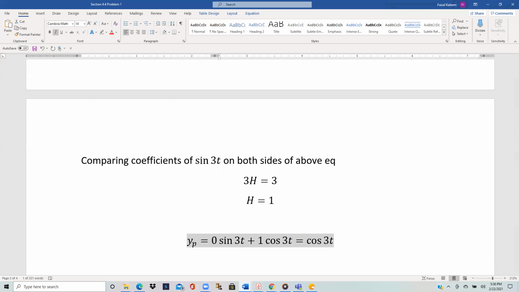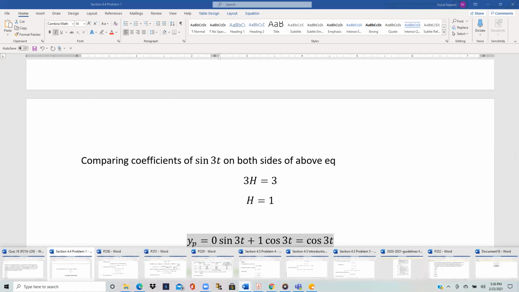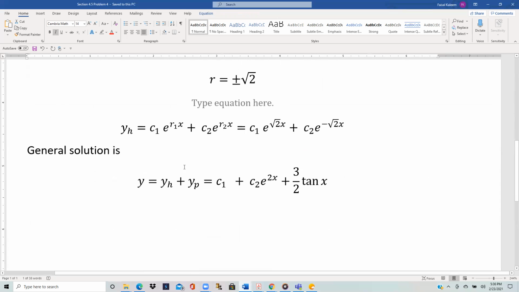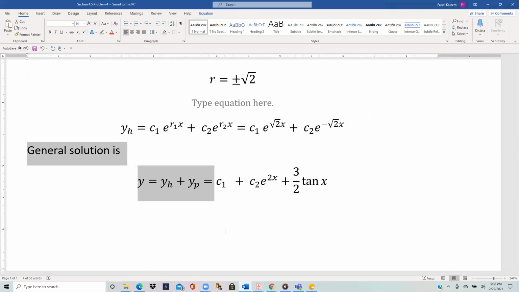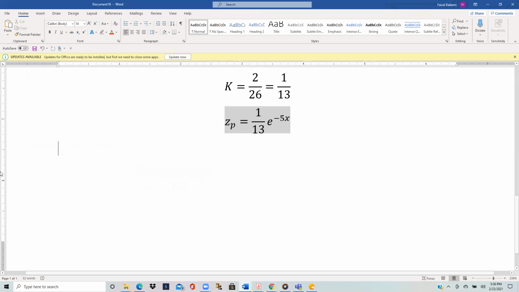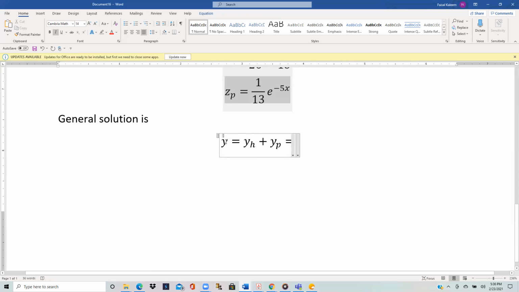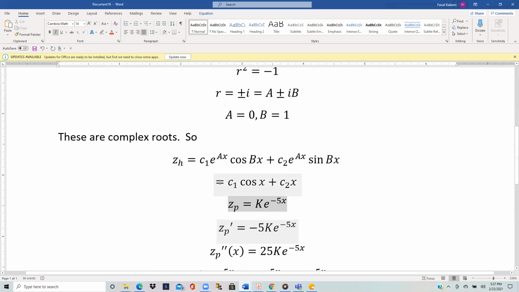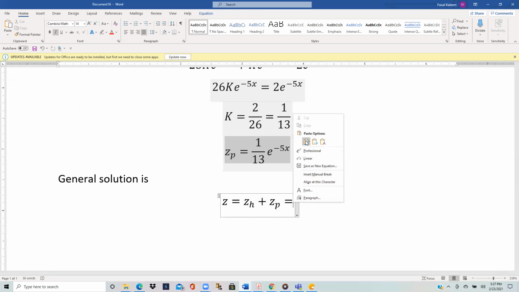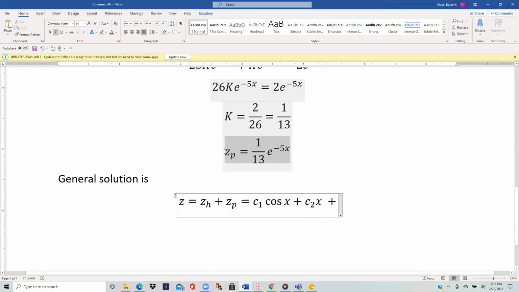The general solution is the homogeneous plus the particular, so Z is equal to ZH plus ZP. ZH is this one, plus ZP is this one.